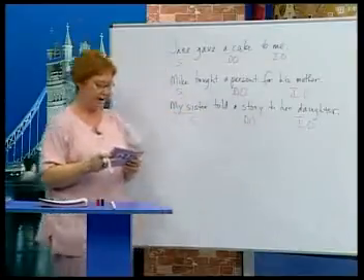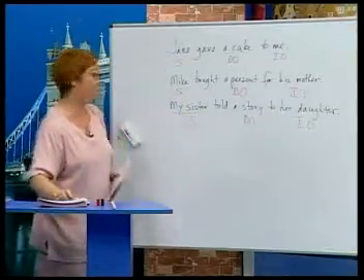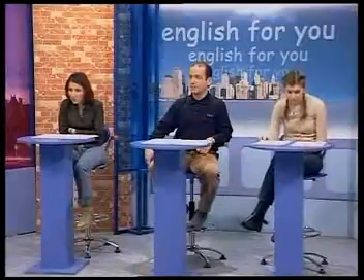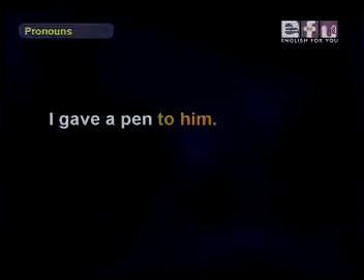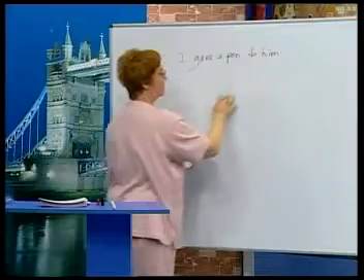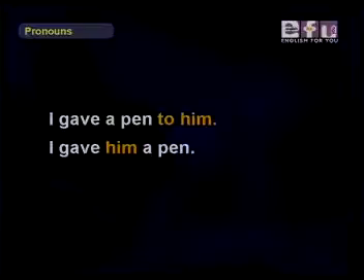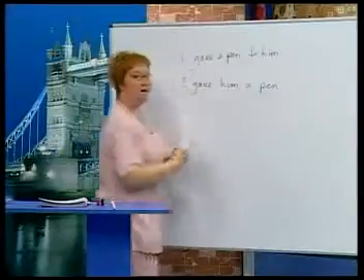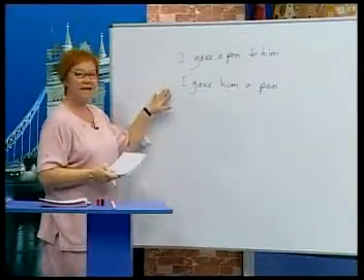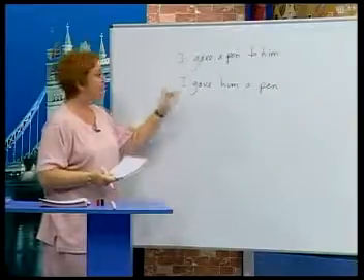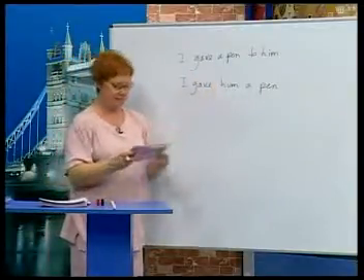All right, now let's look at a couple of more examples that are the same but different. I gave a pen to him. Or I gave him a pen. Now, these sentences have the same meaning, but the structure is a little different.